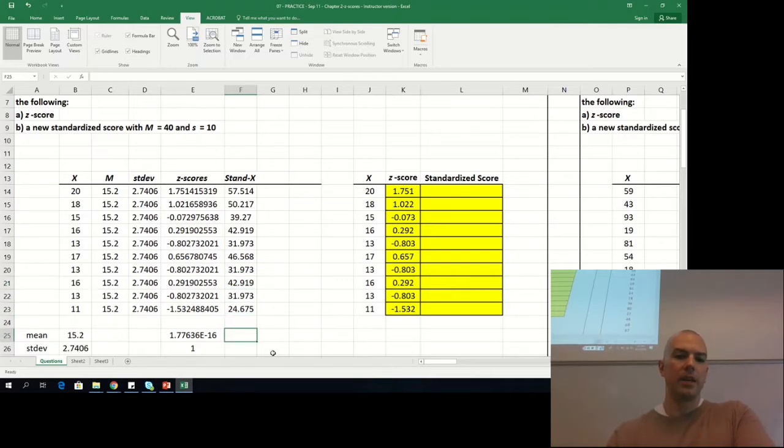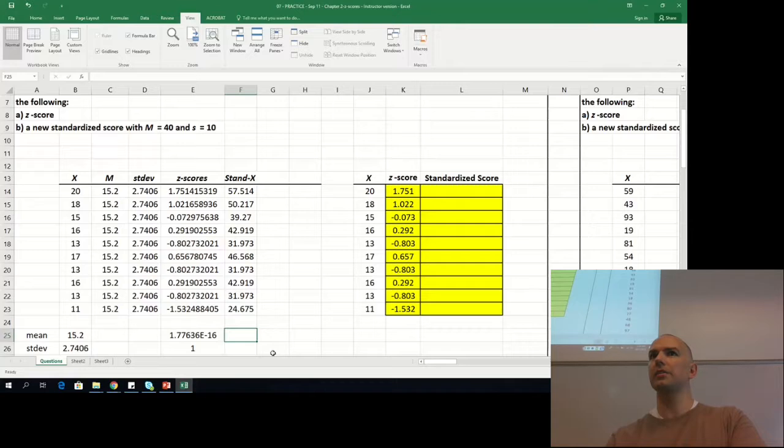All right, and then we want to do a little bit of a double check on this before we put our standardized scores into our answer cells. So how can we check our standardized scores? What two values should they have? So what should the mean be if we did this correctly?